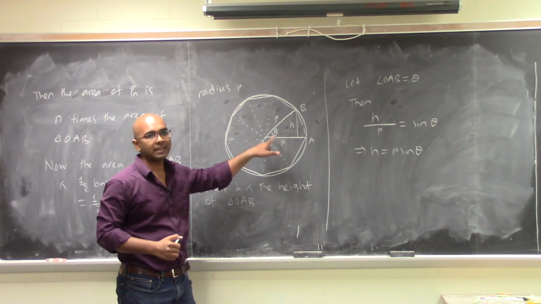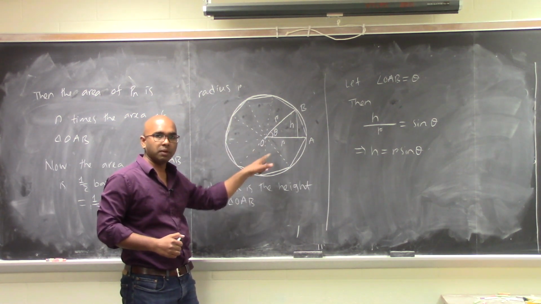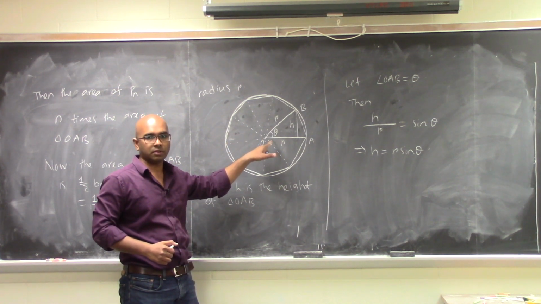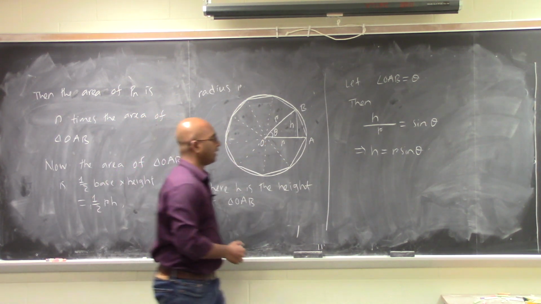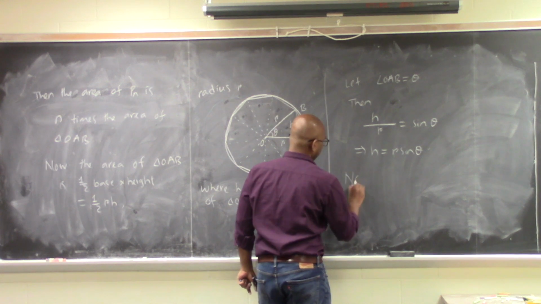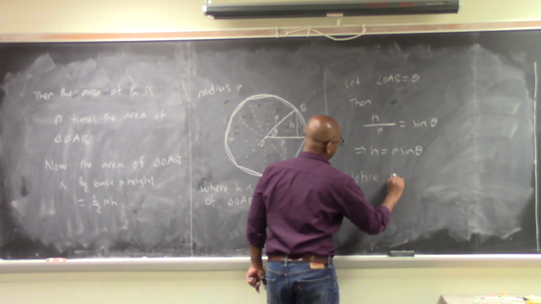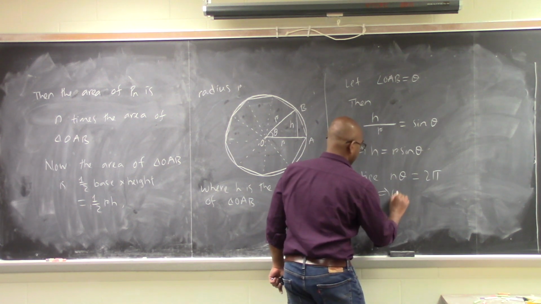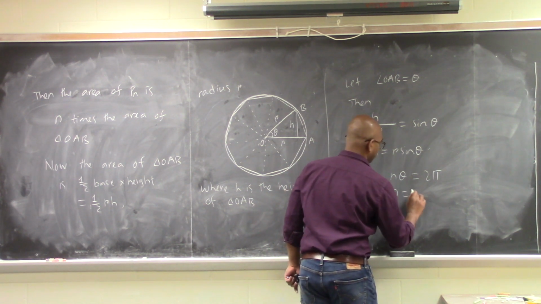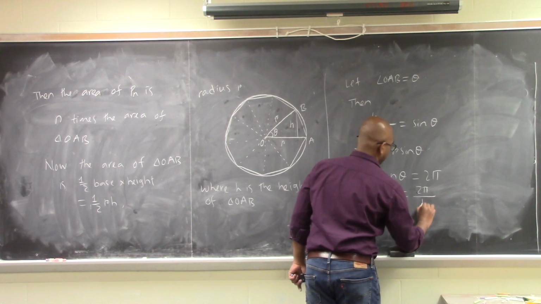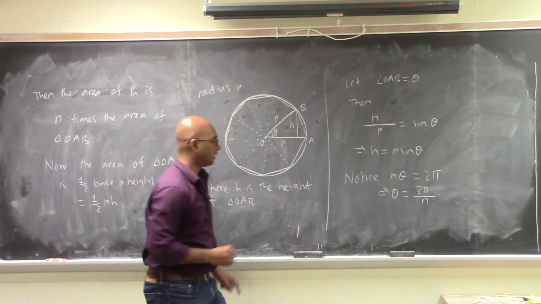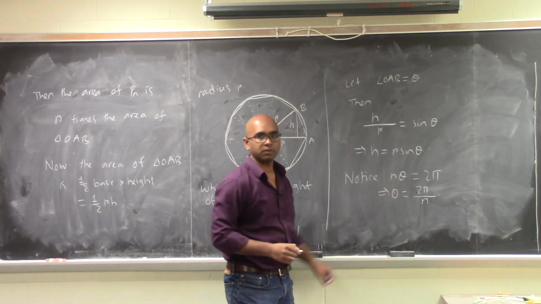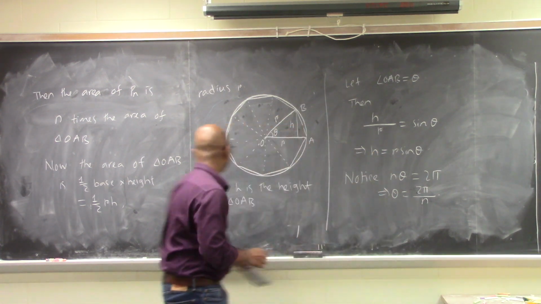All of them are theta, and there are n of these angles. So n times theta is 360 degrees, so it is 2 pi. n times theta is 2 pi, and that gives theta equals 2 pi over n. Therefore height is r times sine 2 pi over n.